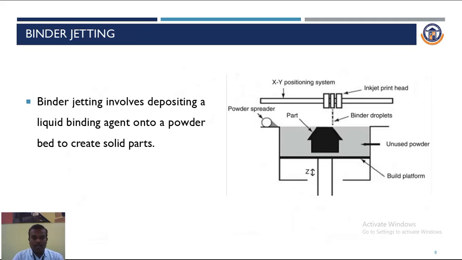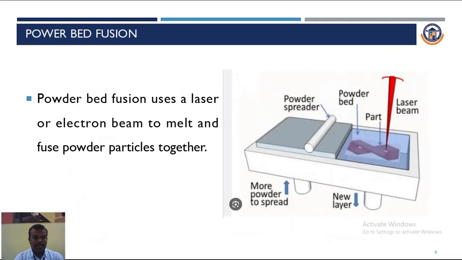So whether we can print a component in metal, for metal 3D printing we go for powder bed fusion technology. Another name for powder bed fusion technology is the metal 3D printer, like SLS and SLM. SLS is selective laser sintering, and SLM is selective laser melting technology.